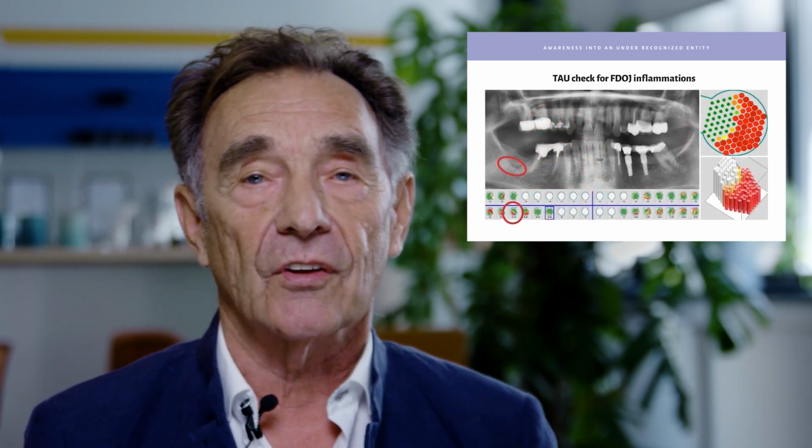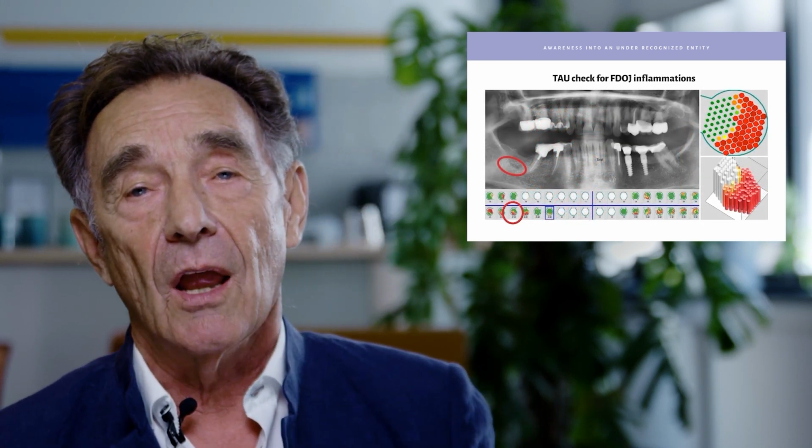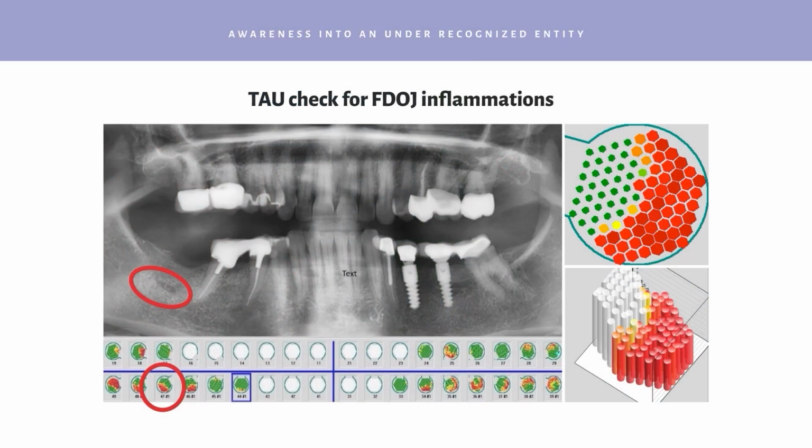For instance, on the right lower jawbone, we also find, below the X-ray, these red spots in these bone areas. And on the left side, you see again the magnification in 2 dimensions and in 3 dimensions. Again, a great demonstration of chronic inflammation in jawbone.